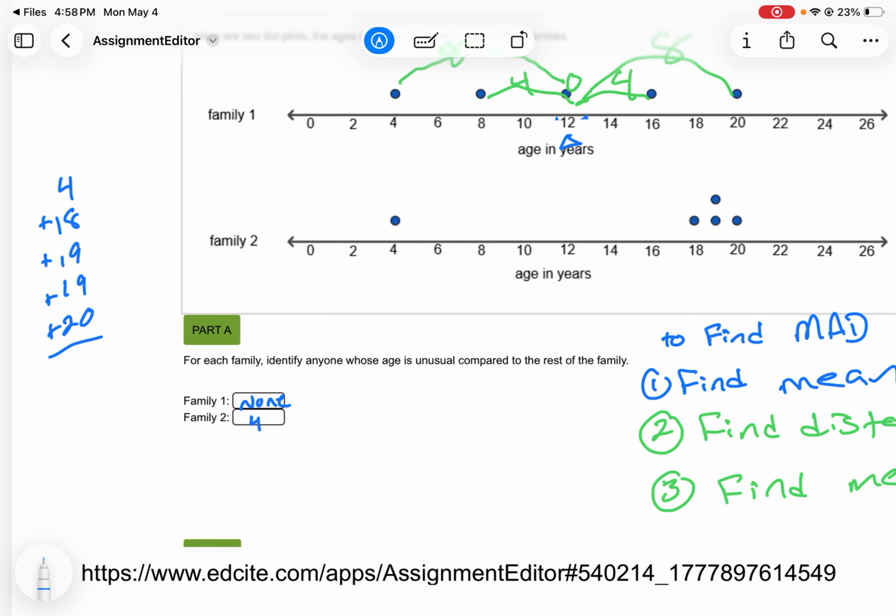Well, 9 and 9 is 18, plus 8 is 26, plus 4 is 30, so we carry 3. 4, 5, 6, and 2 is 80. So we've got 80 divided by 5. 5 goes into 8 one time, 1 times 5 is 5. 5 goes into 30 6 times, so our mean is 16.